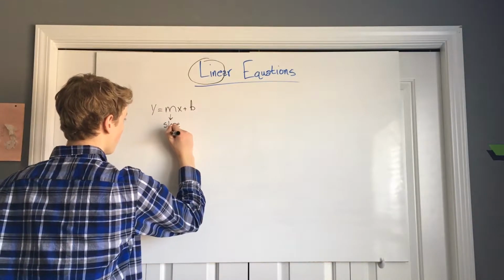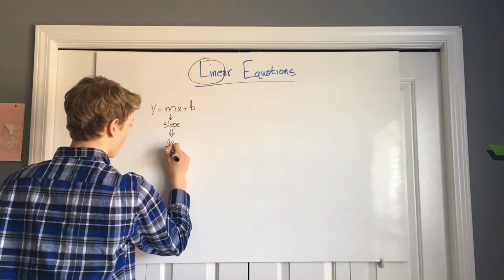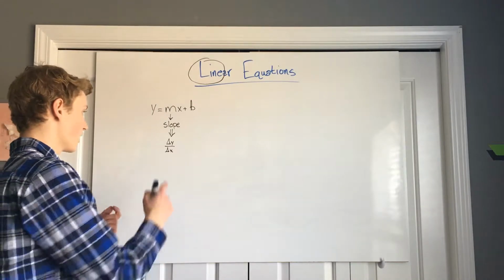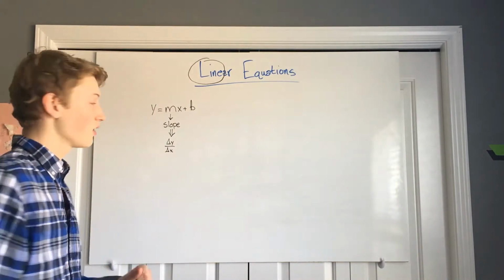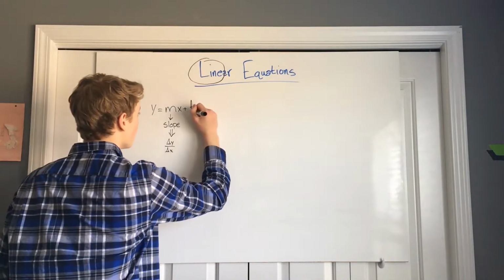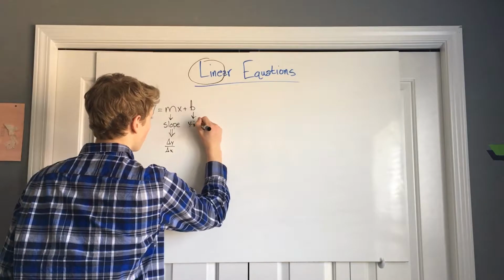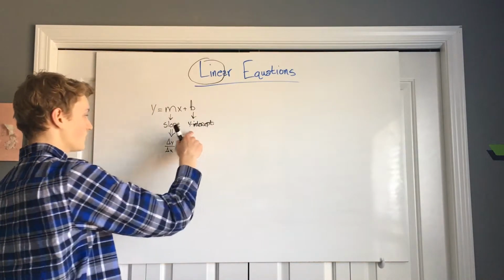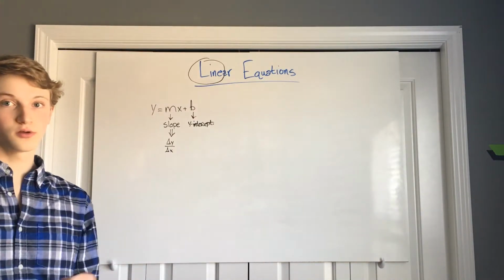And the slope is just change in y over change in x. These little triangles mean change. So it tells you how much y changes every time x changes. This b is called the y-intercept. That just means when x is 0, what will y equal?